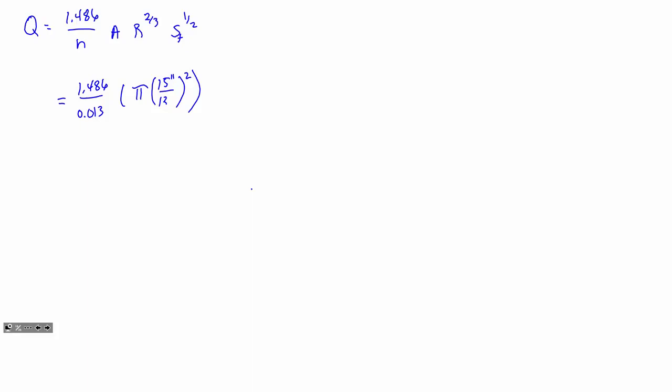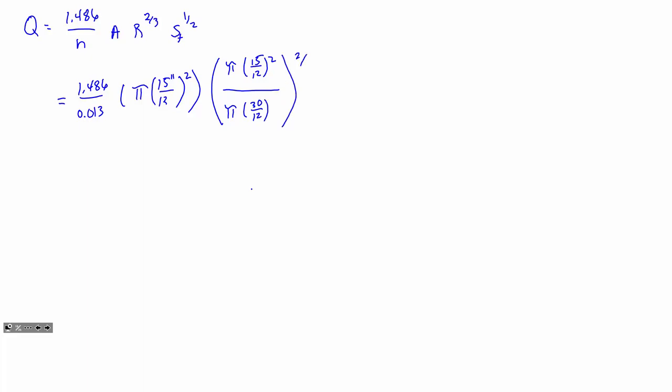Square that, and then multiply by our hydraulic radius to the 2/3. And so that's going to be pi times 15 over 12 squared divided by pi times d. So circumference is going to be pi d again. Remember, the pipe is flowing full here. So it's going to be 30 over 12.